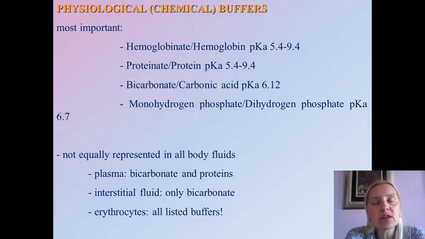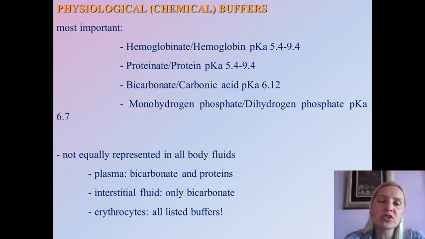Physiological or chemical buffers are maybe the most important mechanisms. We have a few very important physiological buffers, and I hope that they are very well known to you, so we're going to make an overview. Hemoglobin and hemoglobinate with a pK of 5.4 to 9.4.